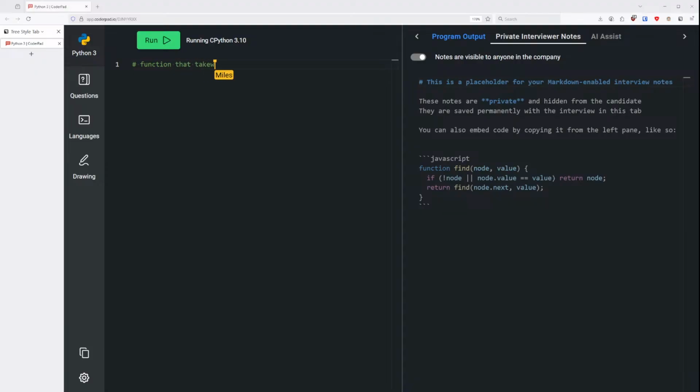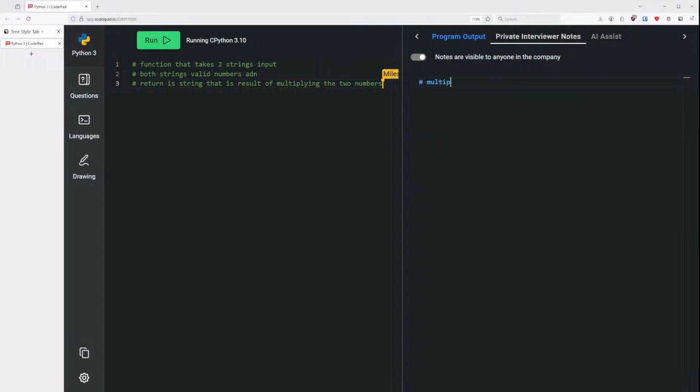A function takes in two strings, but the strings are numbers, and they're going to be valid numbers. You are to return a string which is the result of multiplying the two numbers. Okay, that makes sense.